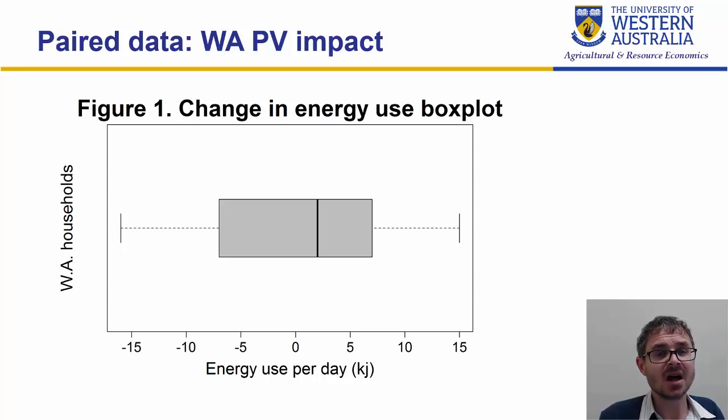So that's a sign, before we even conduct a formal test, that most of the observations are split right around zero, which would be an indication that there's been no change in behavior. There are some people that are using a little bit more, some people that are using a little bit less. They're just clustered around zero.